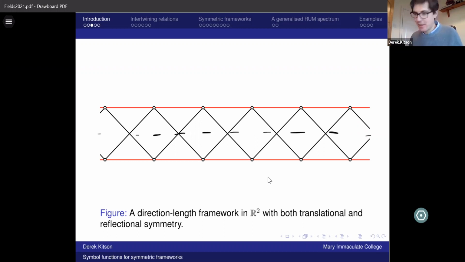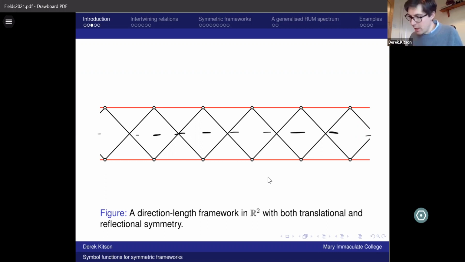So there's another simple context. Maybe it's too simple, so just to make it a bit more exotic, you could say, maybe this isn't a bar joint framework, maybe it's something else. So I've said here, think of that as a direction length framework, just for fun. That means the linear constraints are now thought of in different ways.